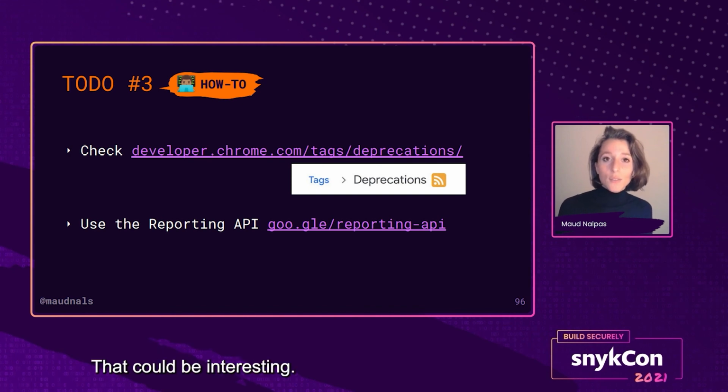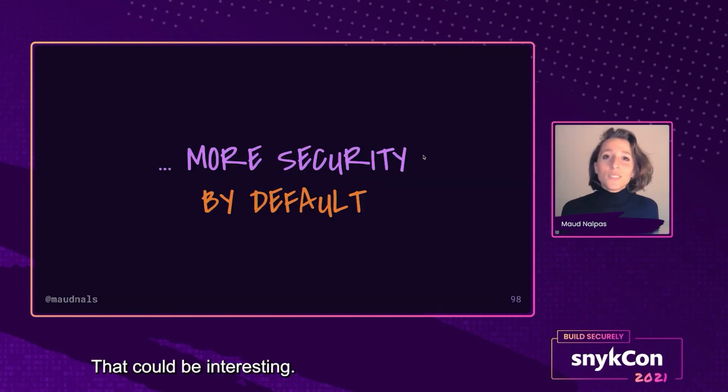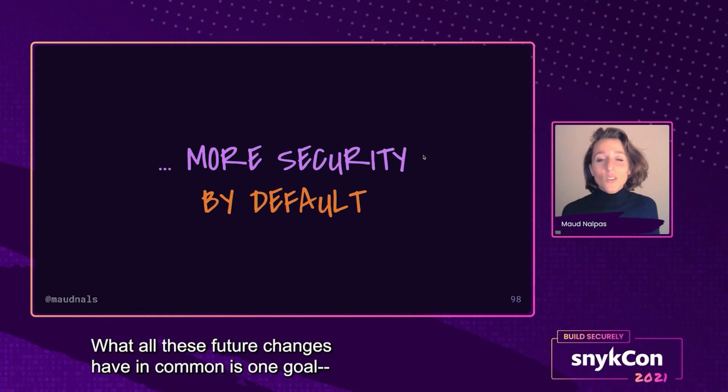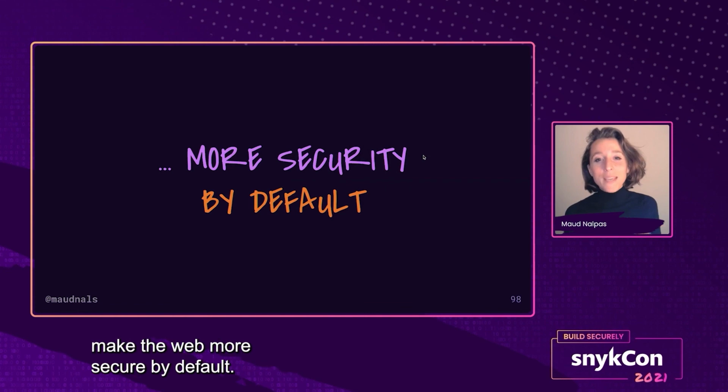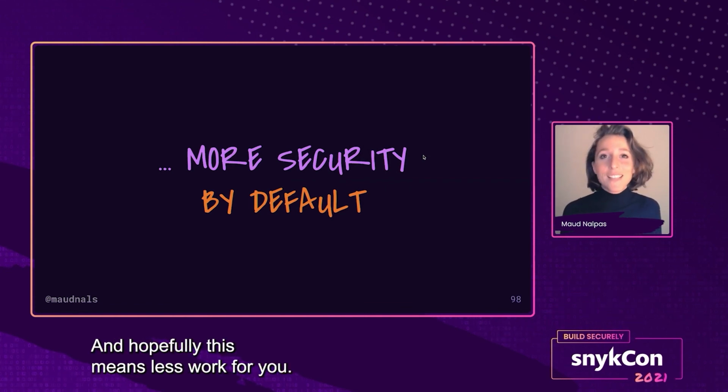So check it out. That could be interesting. So taking a step back, what all these future changes have in common is one goal: make the web more secure by default. And hopefully this means less work for you.